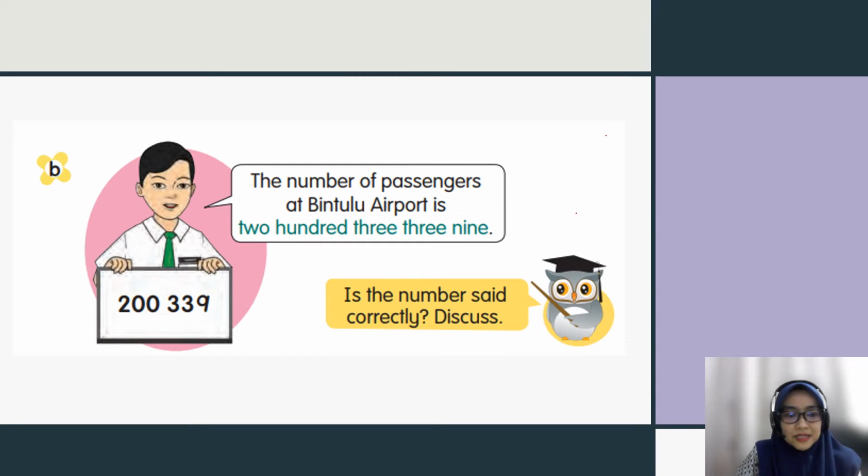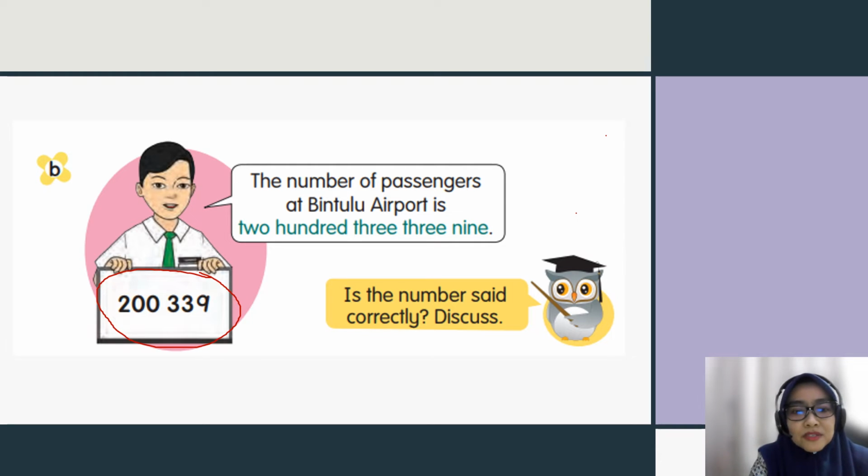Okay, let's look at the next. B. We look at the number of passengers at Bintulu Airport. So the boy says it as 200,339. Is it correct? Betul ke dia sebut as 200,339? Let's focus on these numbers. I told you that we have to say the number by parts.